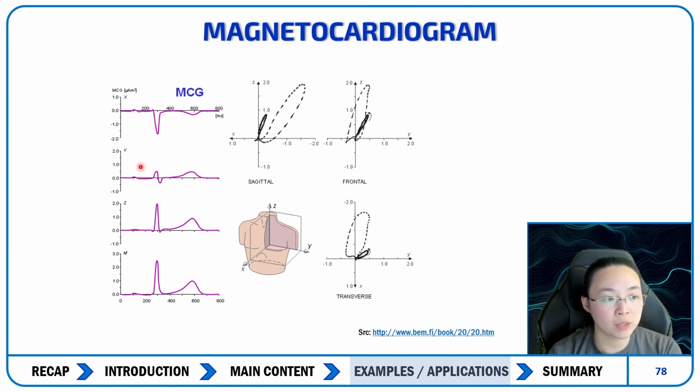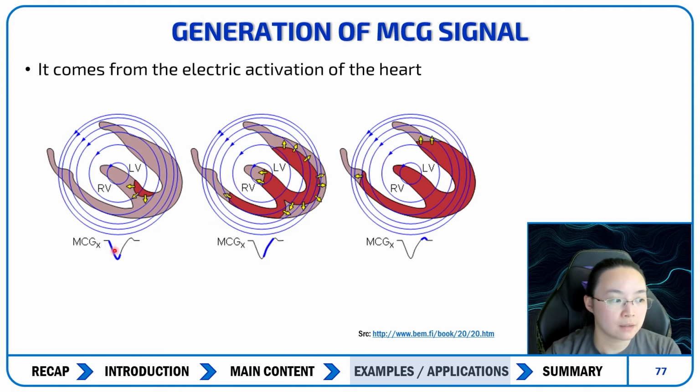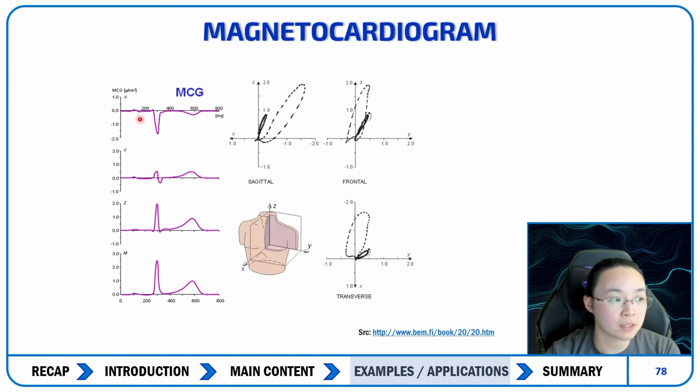So what does a magnetocardiogram look like? It looks something like this. It's an averaged value of the same subject as in the previous figure. So this signal over here can be processed to give you something like this or like this. So for each of these, you have the Z component, the X component, and the Y component.